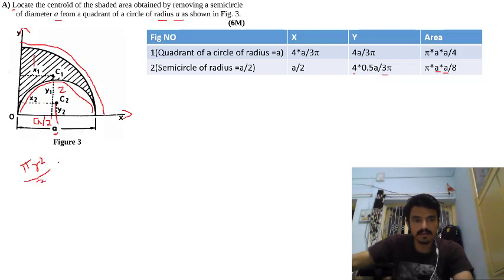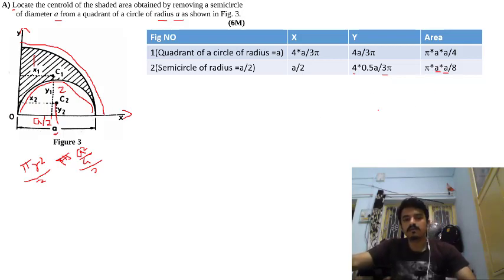Now here r is a by 2, so that will be pi into a square by 4, divided by 2, so that will be pi a square by 8.